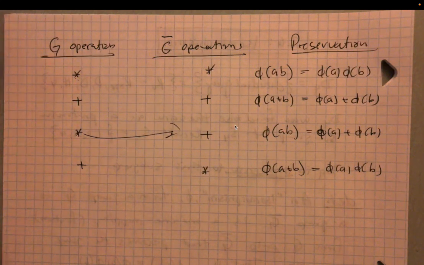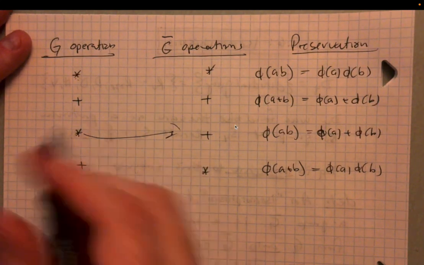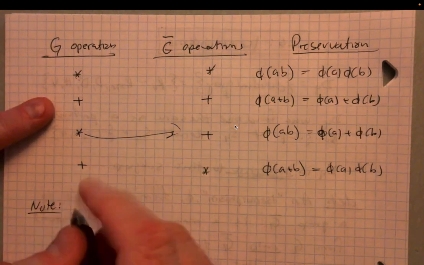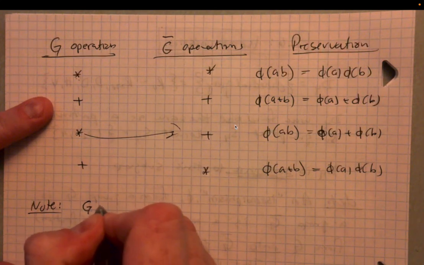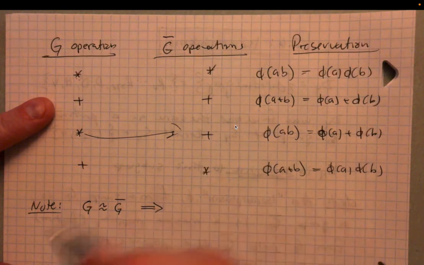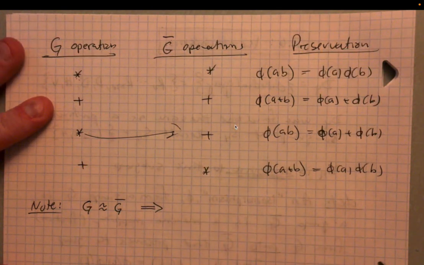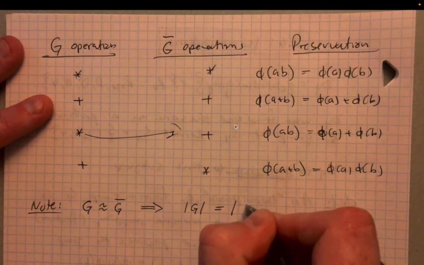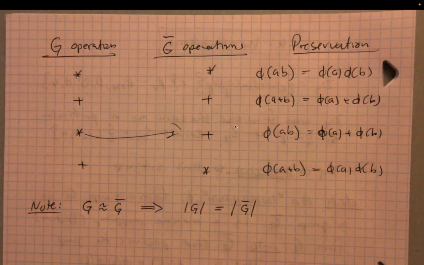Now, one other thing to note that I didn't point out, and this should be obvious, but I just want to make sure it's clear: if G is isomorphic to G bar, then this is going to imply that the two groups have the same size. The order of G will therefore be equal to the order of G bar. There'll be the same number of elements, right? Now, hopefully that's clear.